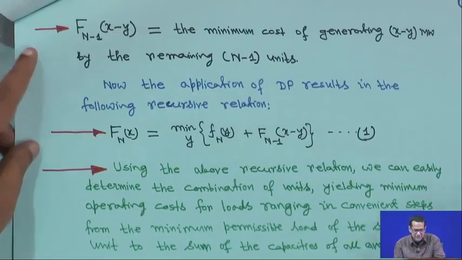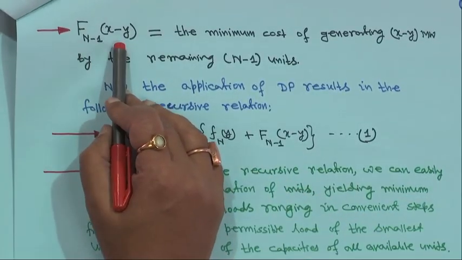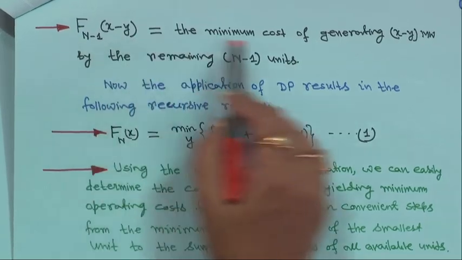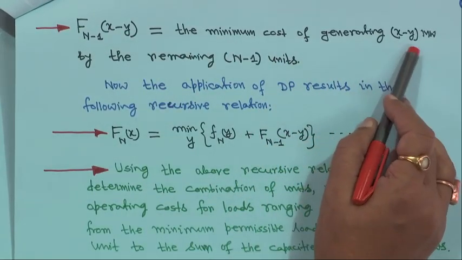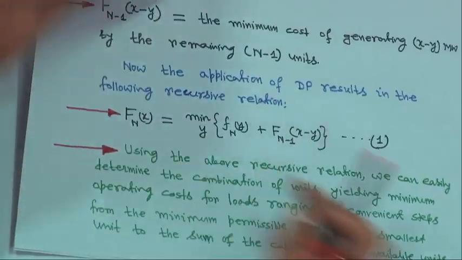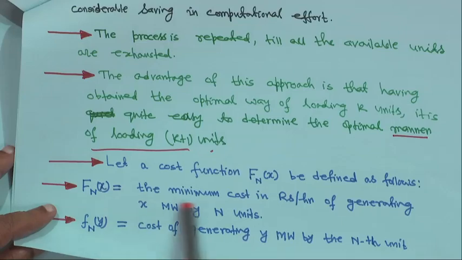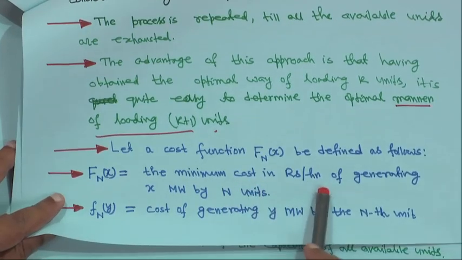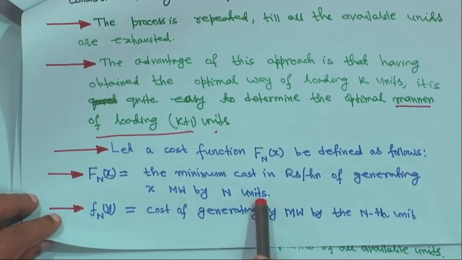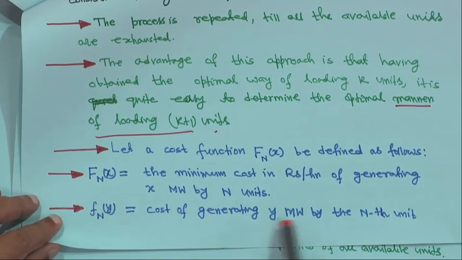Capital F n minus 1 of x minus y is the minimum cost of generating x minus y megawatt.